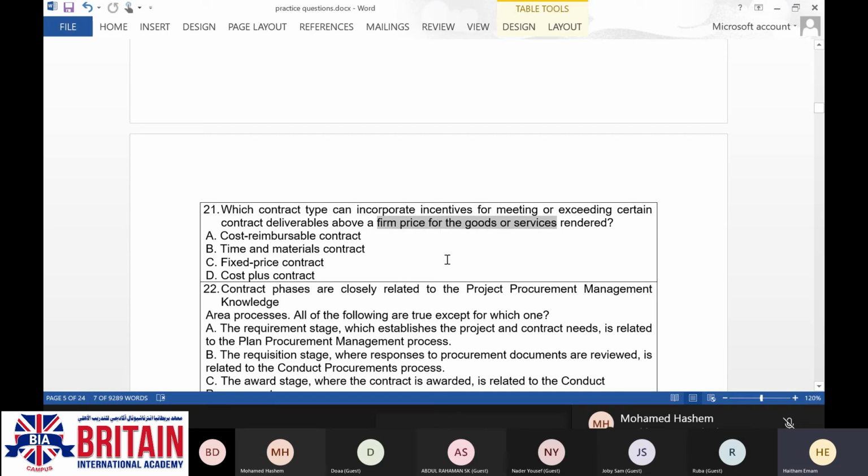It's not for the actual cost. He's not going to be reimbursed for the actual cost plus incentive. But here, it is a lump sum amount, a firm price for the goods or service. Dua, is it clear for you? Yes, clear. Thank you, Haitham.